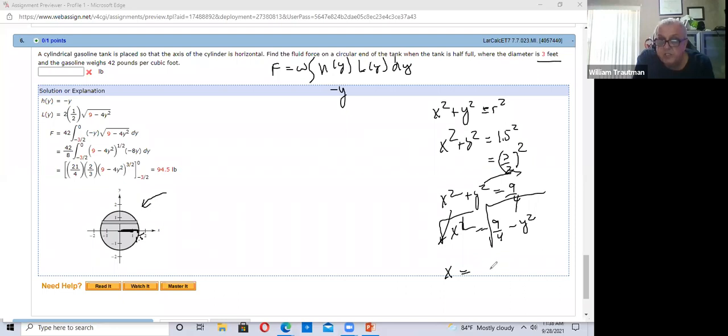Now watch what I do here, because I see the bottom has a 4. So I'm going to do 9 minus 4y squared. What I'm doing is multiplying. I'm not changing it. I'm just making it look different. I'm putting 4 over 4. I'm just multiplying it by 1, so they have a common denominator. So this whole thing is over 4. Everybody okay with that?